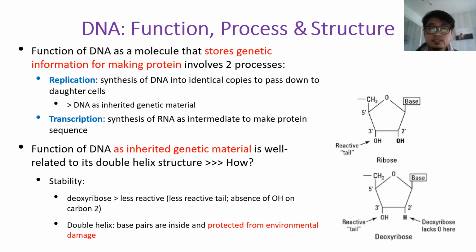Because of the deoxyribose pentose sugar, it becomes less reactive, because of the absence of the OH, and it's more stable as compared to the other one, which is ribose. As you can see in the picture on your right, on the ribose, carbon number 2 has an OH group.